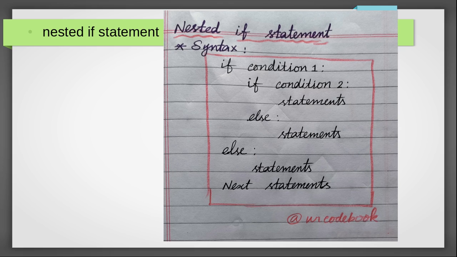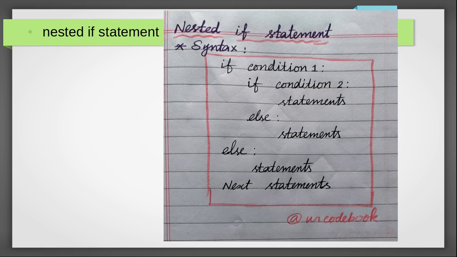So what is the flow of execution of this nested if statement? When condition 1 evaluates to true, the control goes to the inner if statement, that is condition 2. If condition 2 evaluates to true, the true statements are executed, otherwise the false statements are executed.